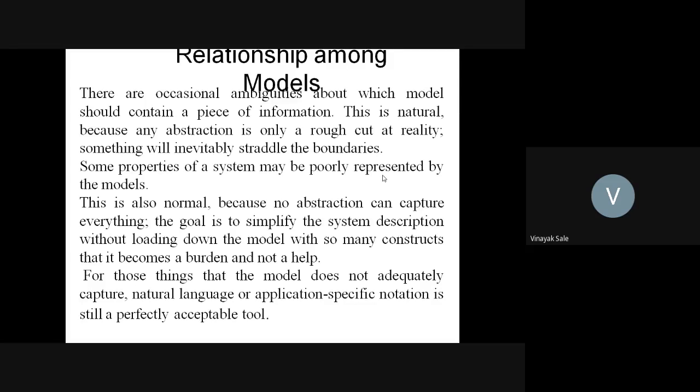This is also normal because no abstraction can be captured without loading down the model with so many constructs that it becomes a burden, not a help. For those things that a model does not adequately capture, natural language or application-specific notation is still a perfectly acceptable tool.